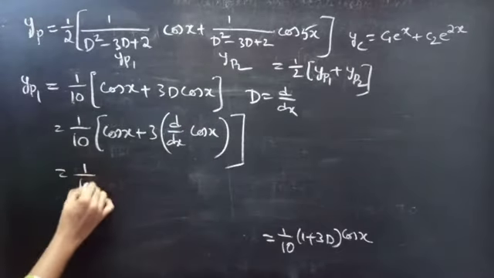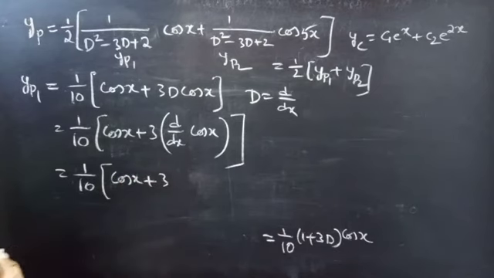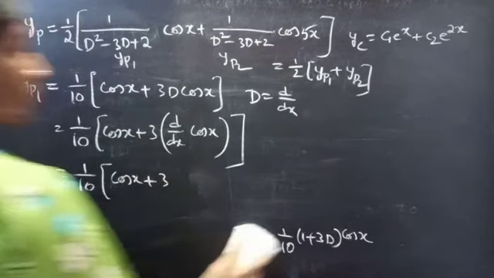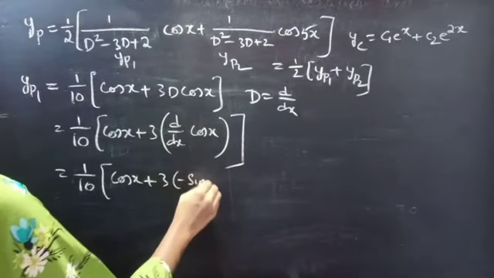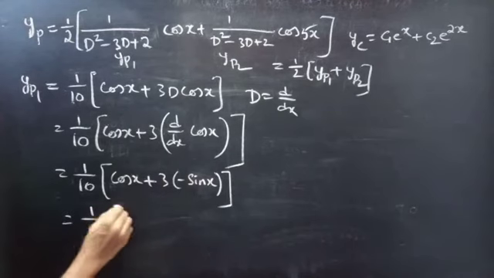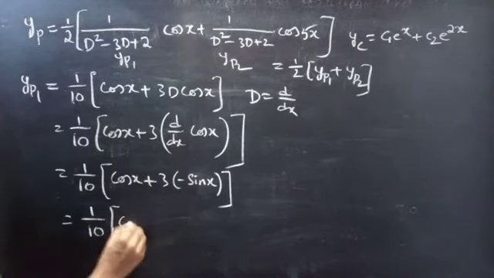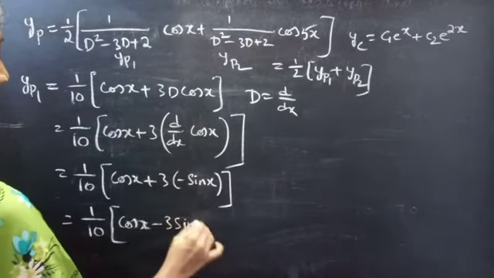Equals to 1 by 10 into cos x plus 3 into derivative of cos x is minus sin x, right? And this becomes 1 by 10 into cos x plus into minus minus 3 sin x.